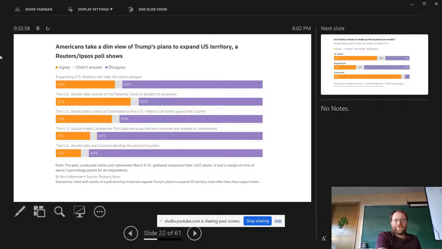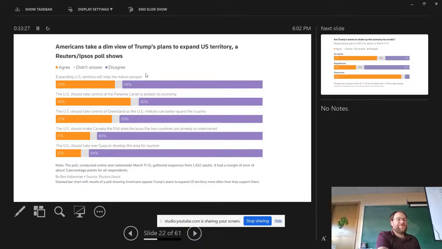So an example here. This is a study of Americans taking a dim view of Trump's plans to expand U.S. territory. And you can look at the data there. But at the very bottom, it says gathered responses from 1,422 adults had a margin of error of about 3% points for all respondents.